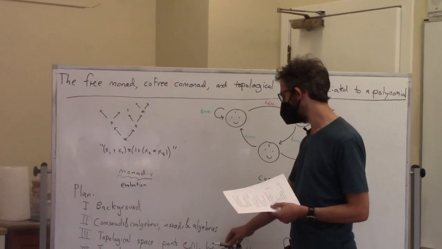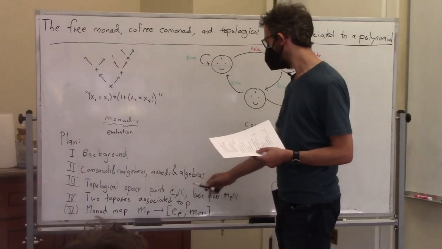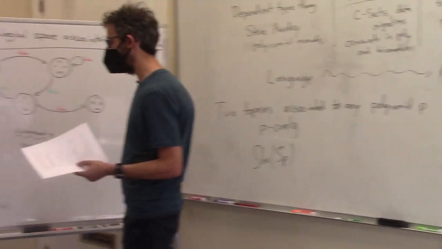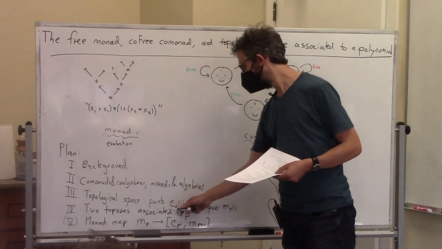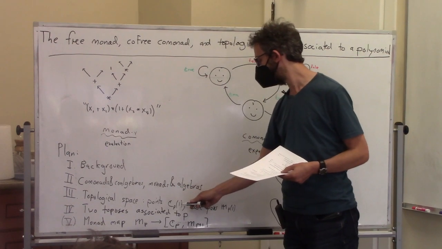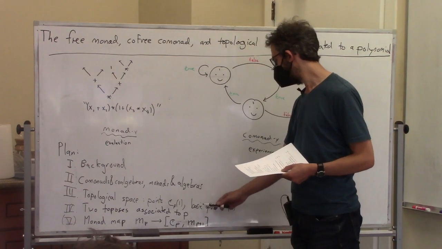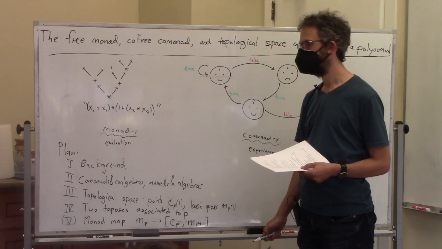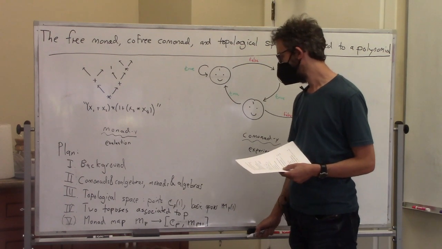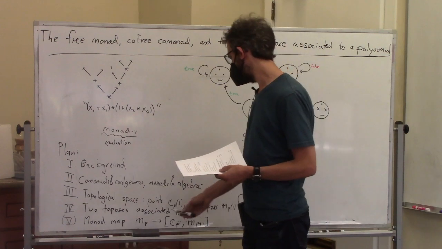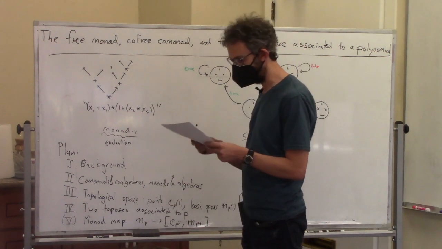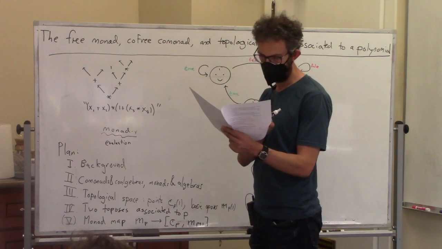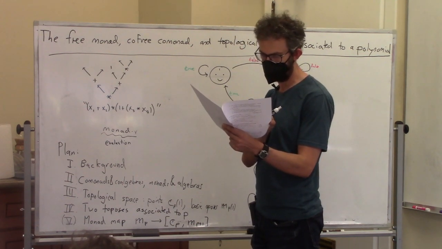And then I'll show you that there's a topological space, SP, associated to P, whose points are the elements of the cofree comonad at 1, and whose basic opens are the elements of the free monad at 1. And then once we have that, I'll talk about these two toposes.